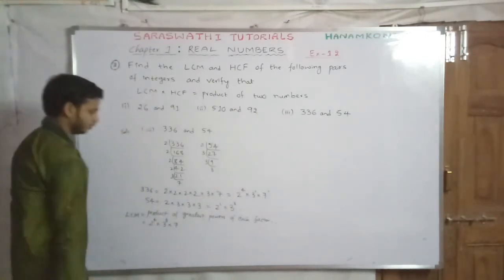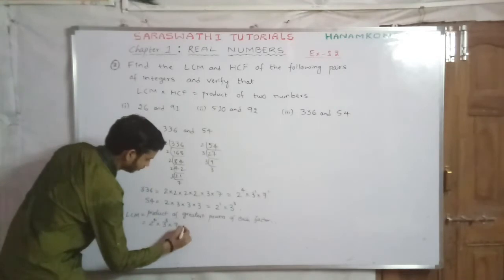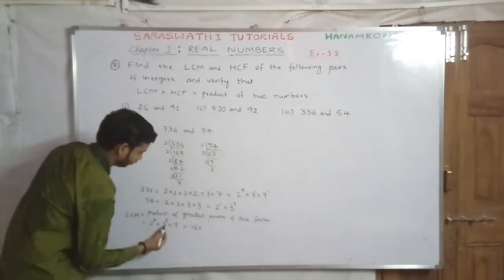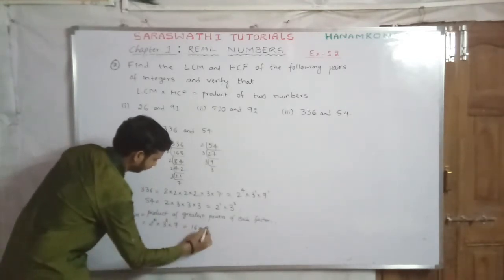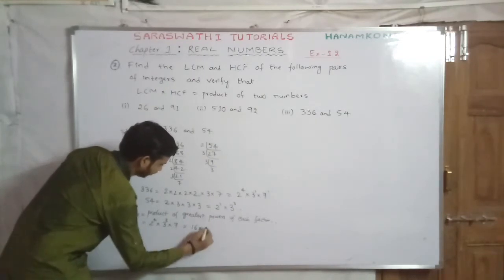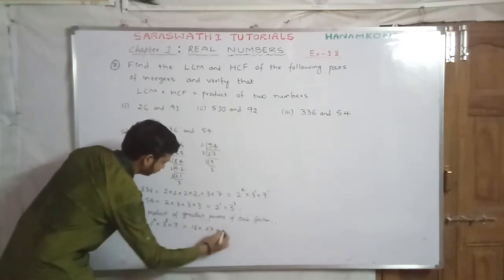So 3 power 3 into 7. 2 power 4 value is 16, 3 cube value is 27, into 7.